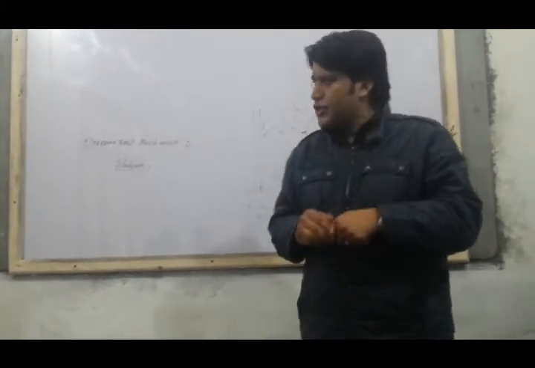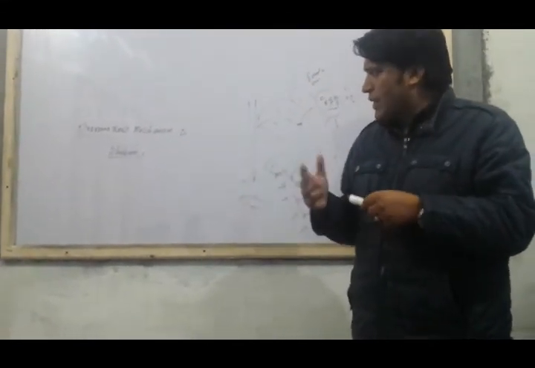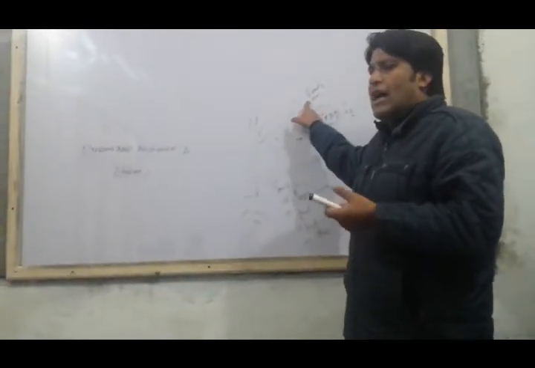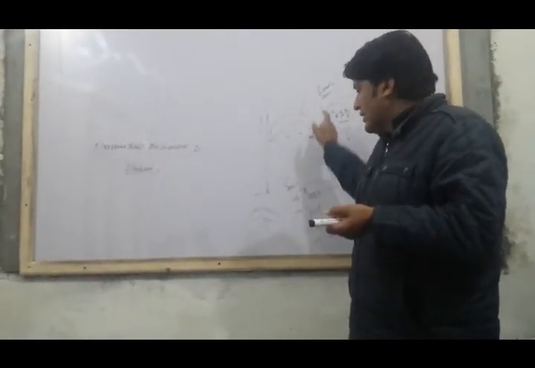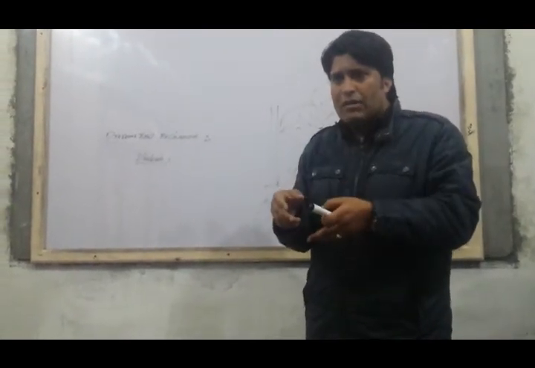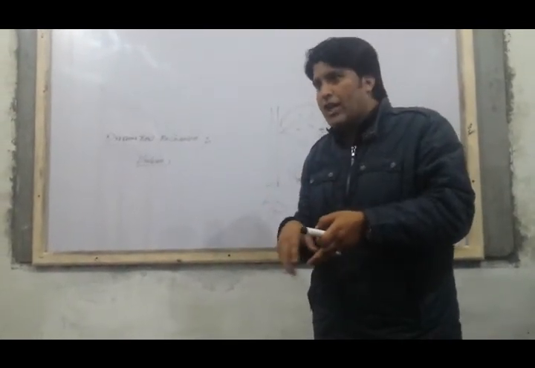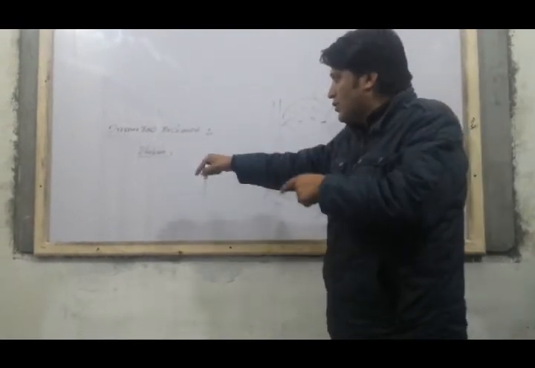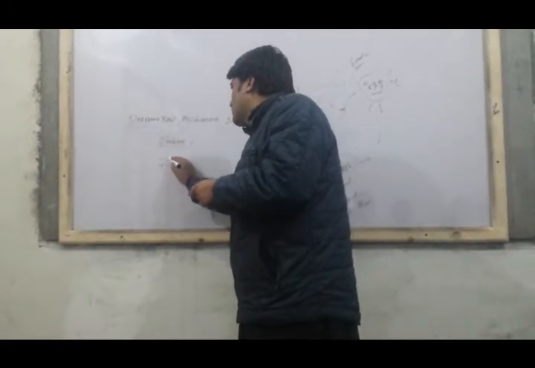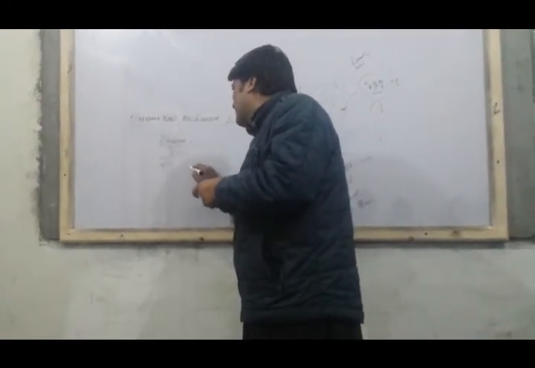So translocation is a pressure flow mechanism. The source has the highest osmotic pressure, and the sink has a low osmotic pressure. Water moves toward the phloem by osmosis.